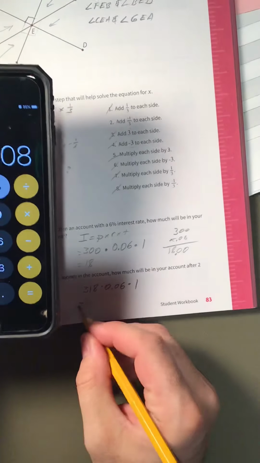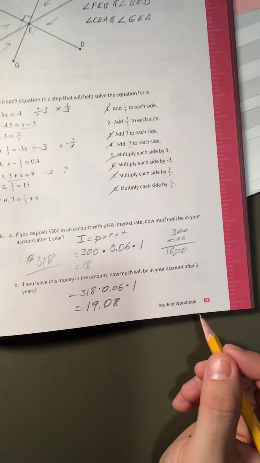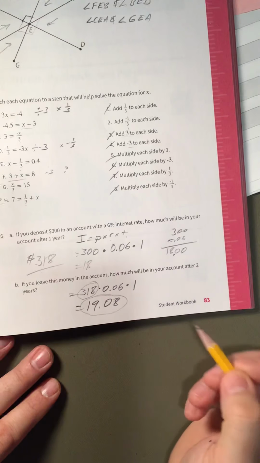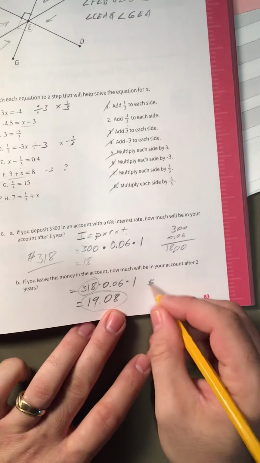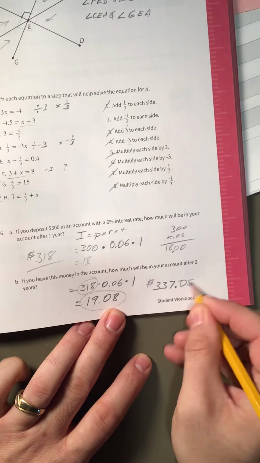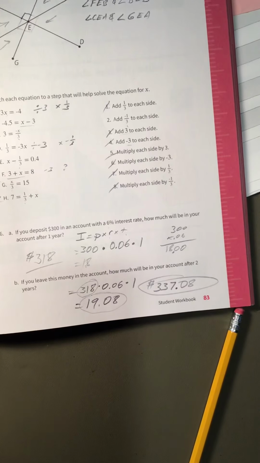That means in interest, I'm going to get $19.08 this time. So I started with $318, and I get another $19.08 from the bank. You're going to add them together, and you should end up with $337.08.